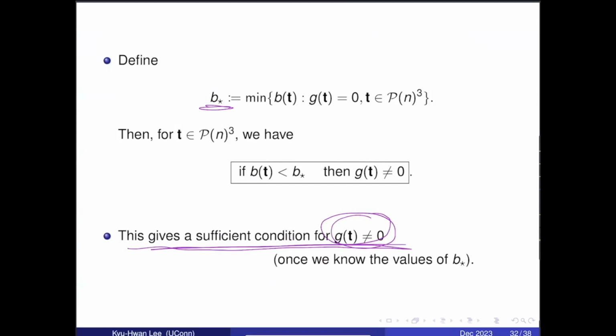Remember that at the beginning we had a necessary condition, which is very mild, but here we have found a sufficient condition. Of course, we should be able to calculate B star, but as soon as we know its value, we obtain a sufficient condition.